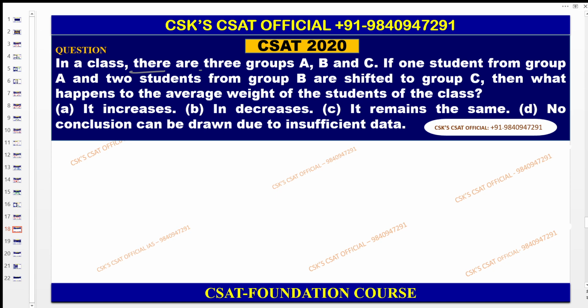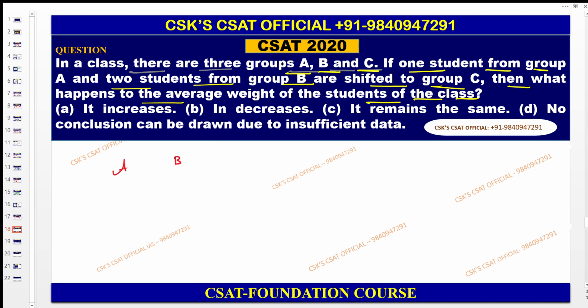In a class there are 3 groups. Here some analytical skill is required. A, B, C. Some skill is required to solve this question. If one student from group A and 2 students from group B are shifted to group C, then what happens to the average weight of the students of the class?